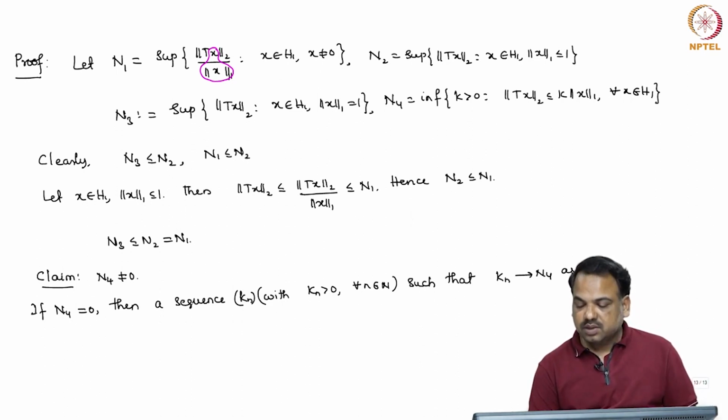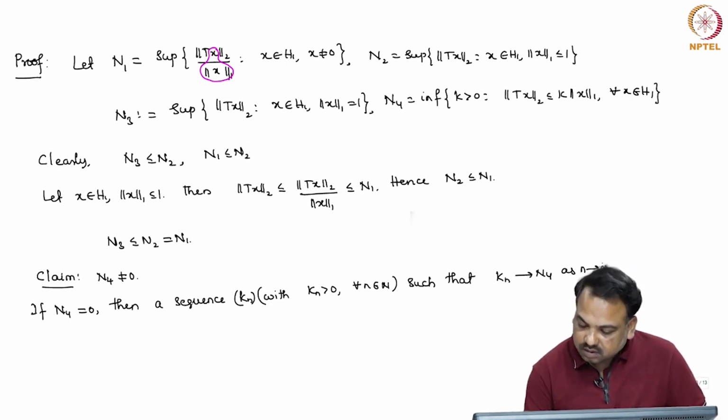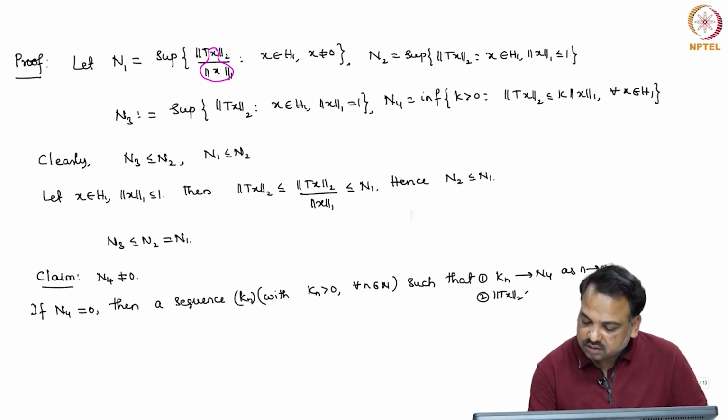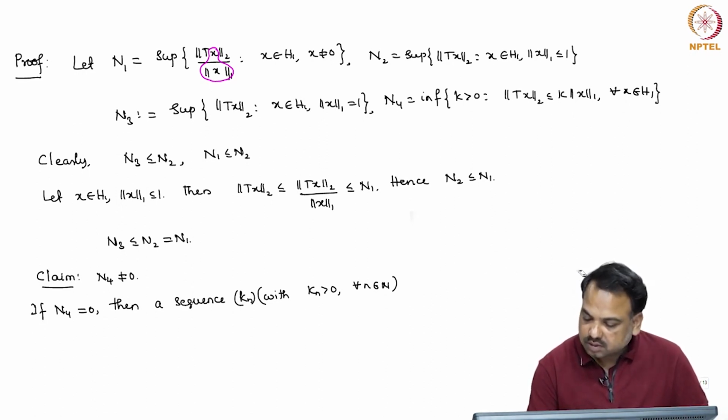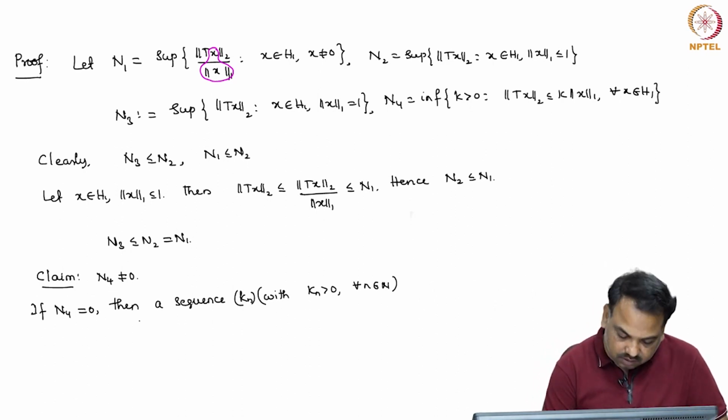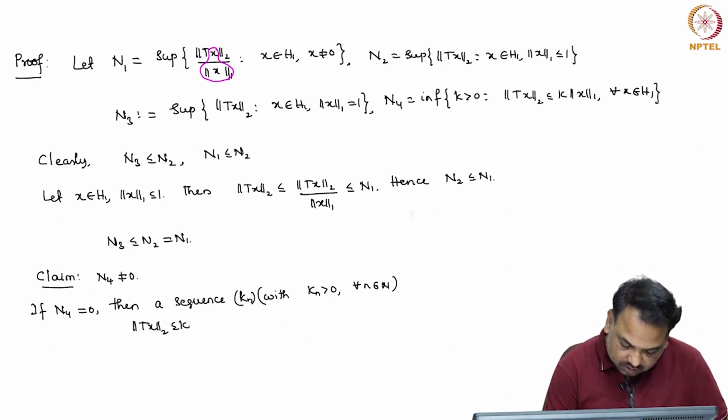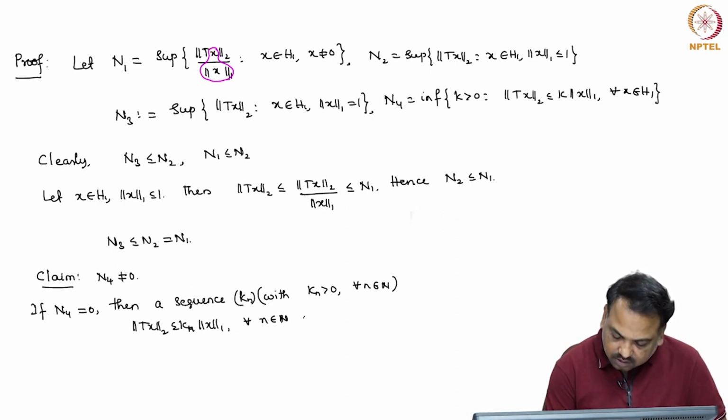Now, what is the property of kn? The second property is norm of Tx is less than or equal to kn times norm x for every n, and we can conclude that kn converges to n4.